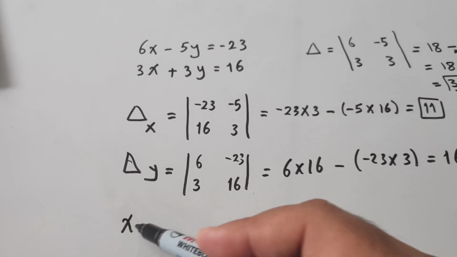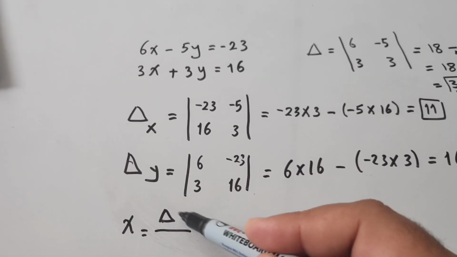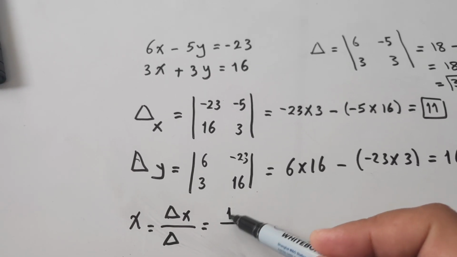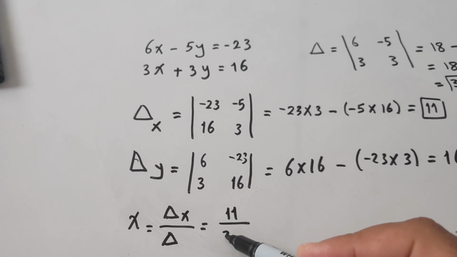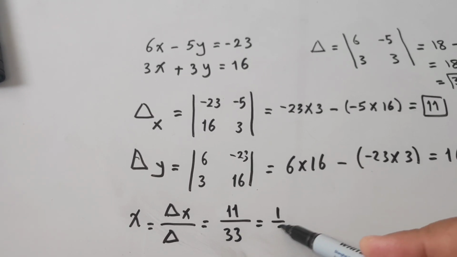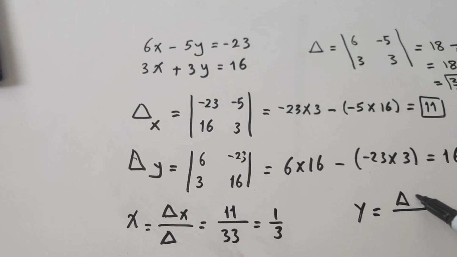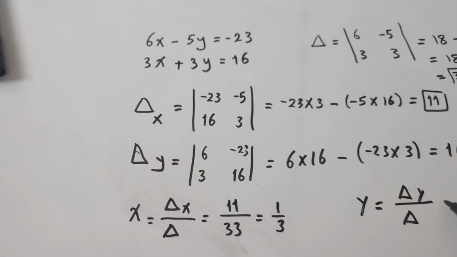Finally, to find x, we divide delta x by delta. 11 over 33 equals 1 over 3. We can find y by dividing delta y over delta.